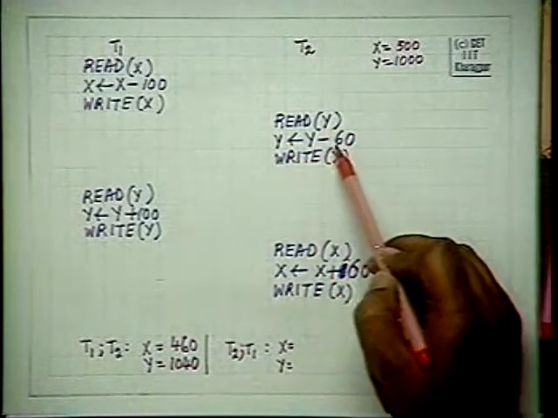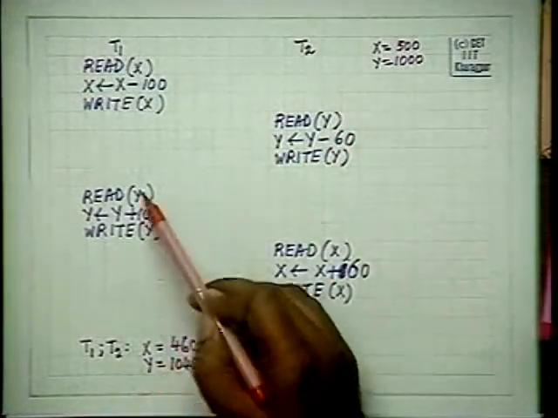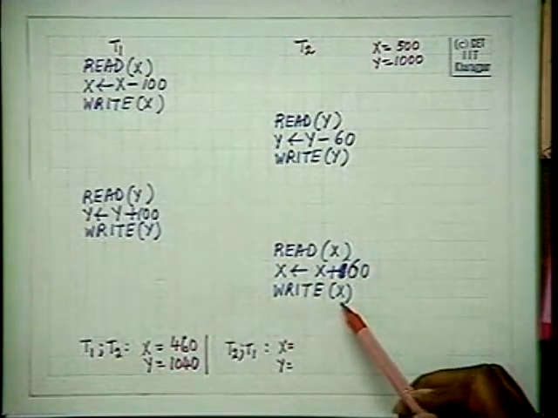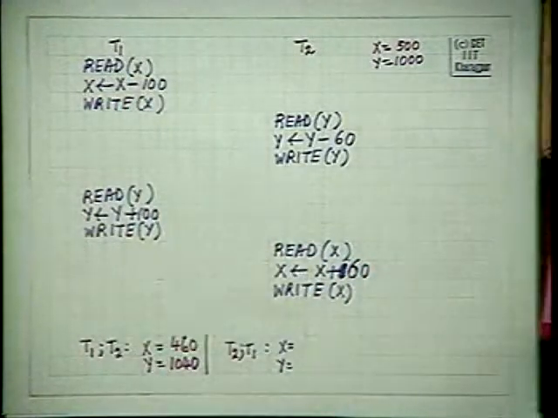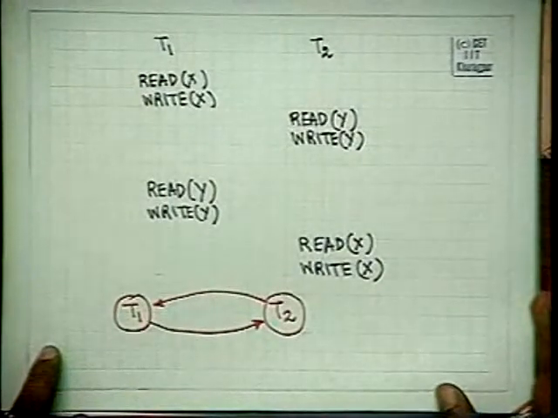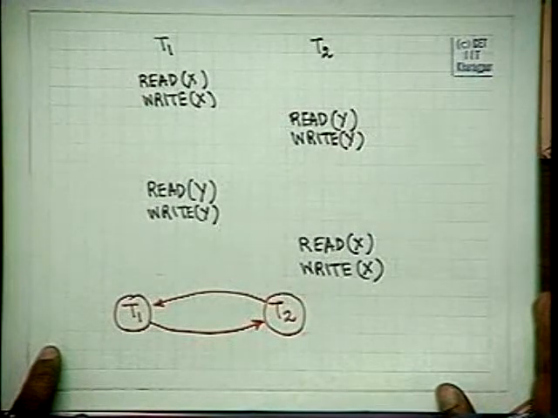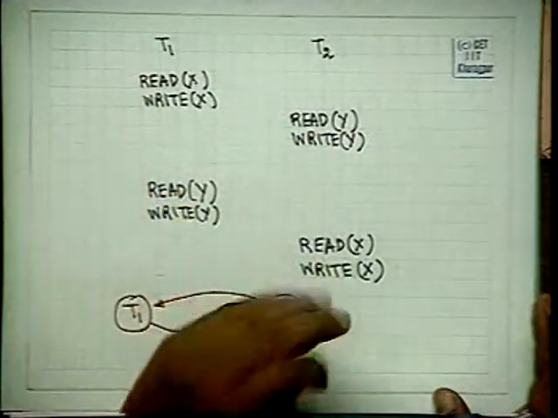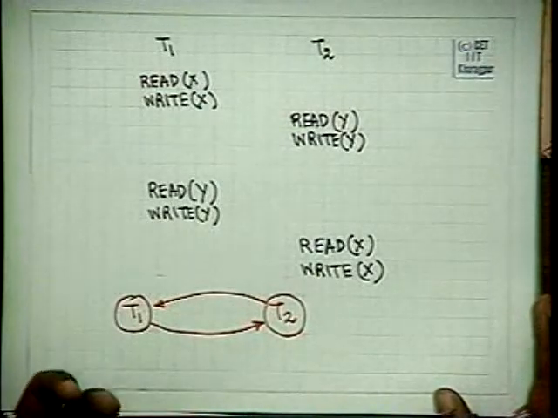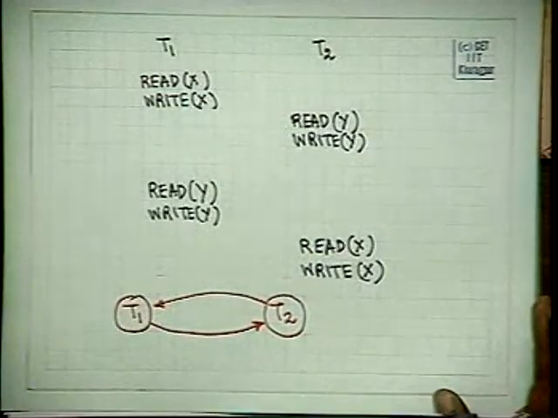Read y, y is assigned y minus 60, write y. Read y, write y, read x, write x. An abstraction of this is this. So, this one we have said is not serializable, and according to our criteria we will say that this is not consistent.